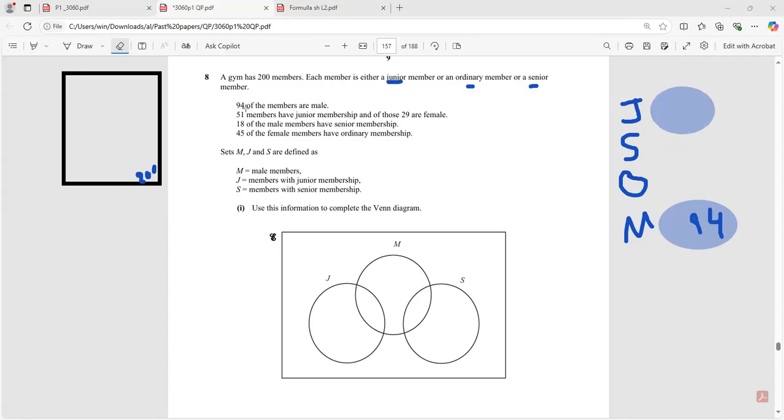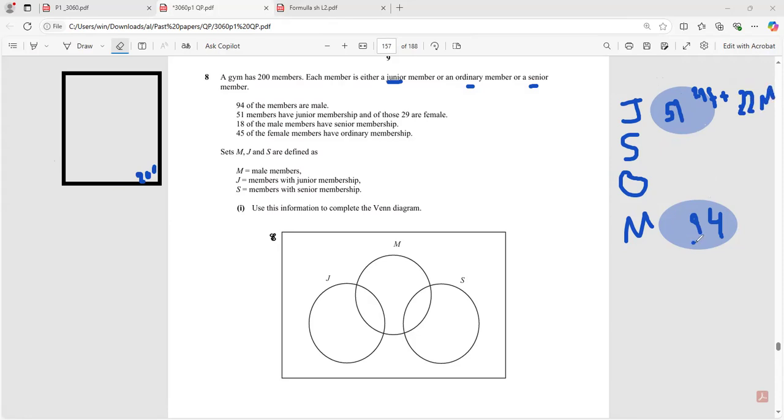They are 51, which they have 29 females. So we're going to write 29F, and for sure the male will be the rest. So the M will be 22 for the male, okay, and 22 for the male.